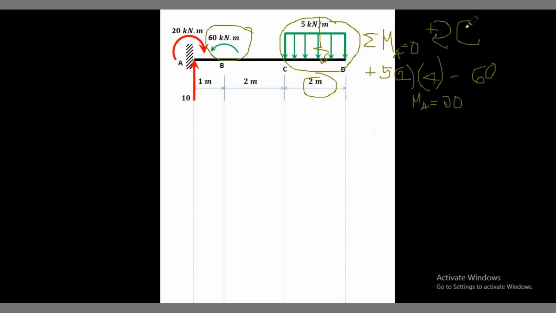Kapag counterclockwise, negative. And it turned out, dito sa ating equation, positive si 20, kaya clockwise siya. Okay, so those are the values of my reactions. Now, I can now draw the shear diagram.